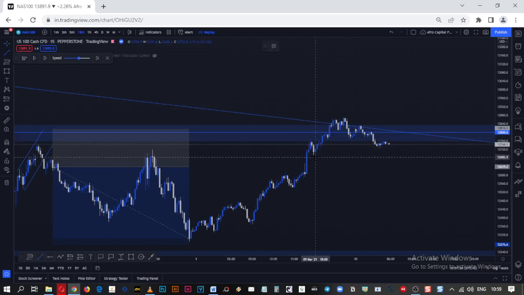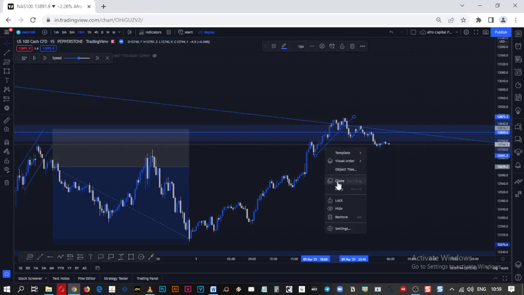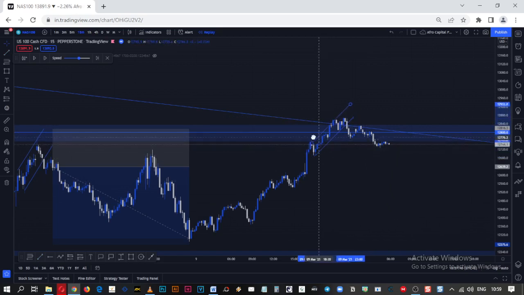I would say this is the channel which has been created. Under 15 minutes, you would say the channel has been broken, retested, and you would have made an entry to the downside. That would be correct.